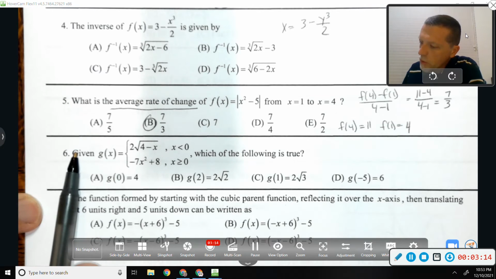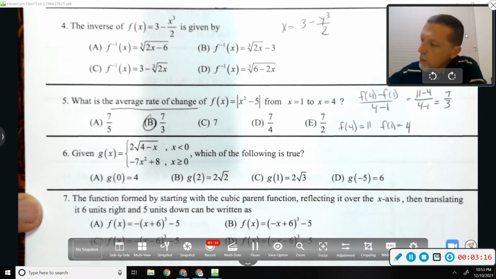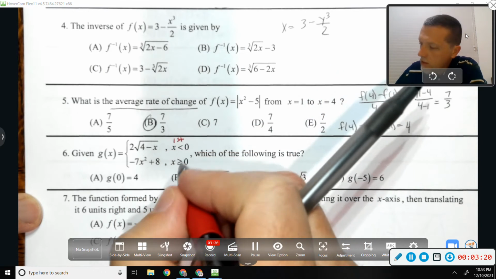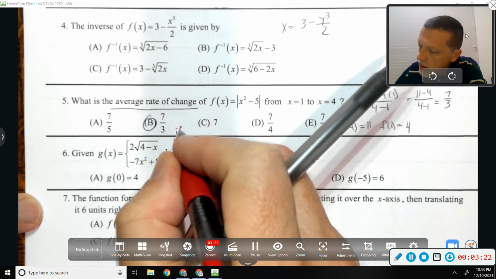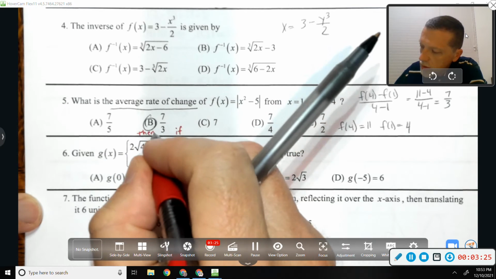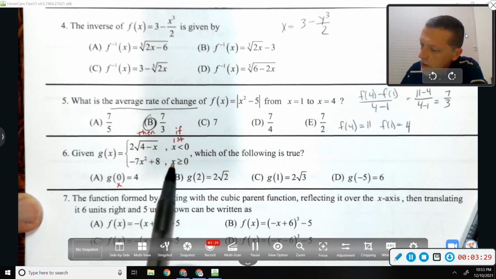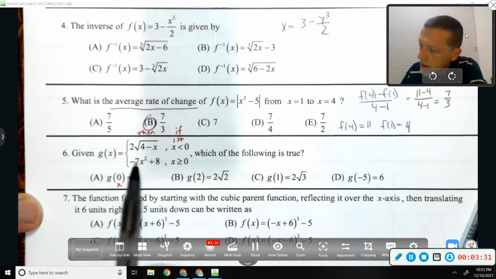Number 6, piecewise. Just remember to check this first, and that's the if column. This is the then column. So when x is 0, that would be under this category, so we'll plug it in here and get 8, so it's not equal to 4.